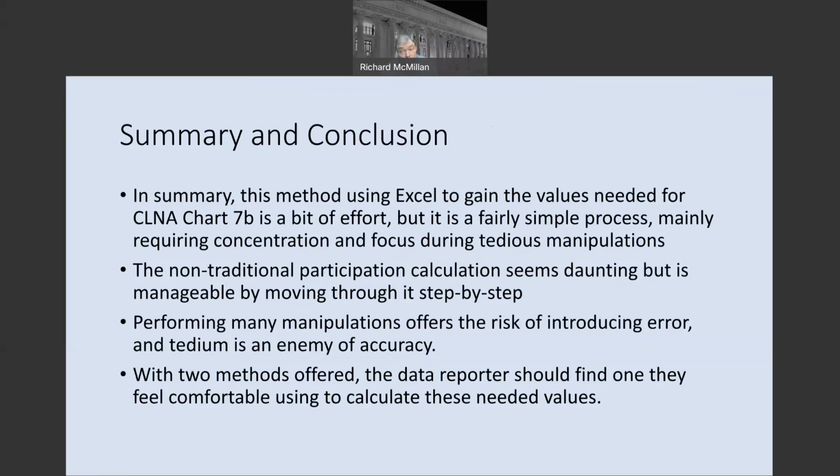They'll be fairly simple steps, but there will be many of them. You'll have to perform them in a specified order. The non-traditional participation calculation seems daunting, but is manageable by moving through it step by step. Performing many manipulations offers the risk of introducing error, and tedium is an enemy of accuracy.